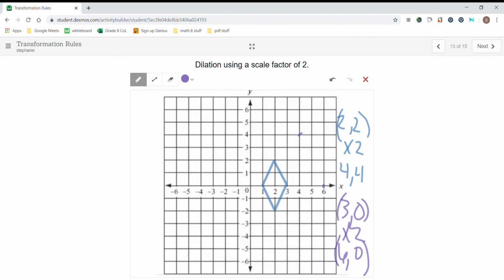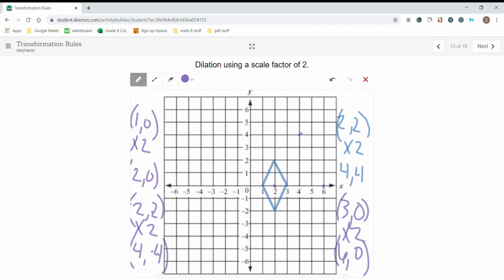Over here, I have 1, 0. If I multiply everything here by 2, I'm going to get 2, 0. And your last point, 2, negative 2, multiplied by 2 is 4, negative 4.